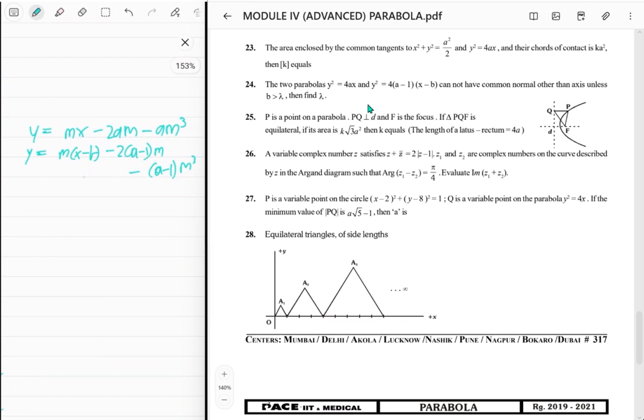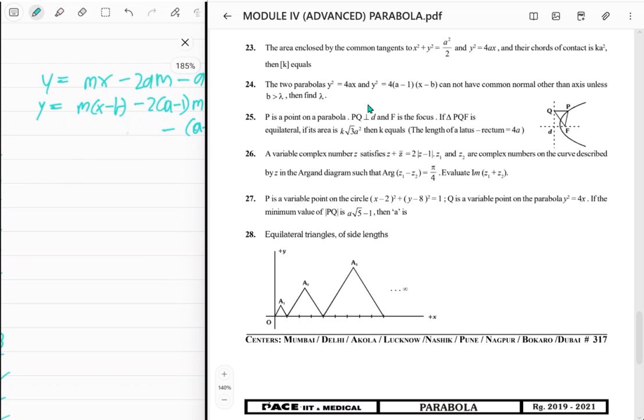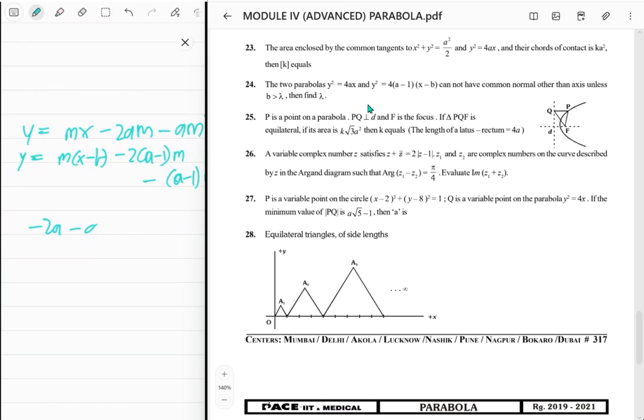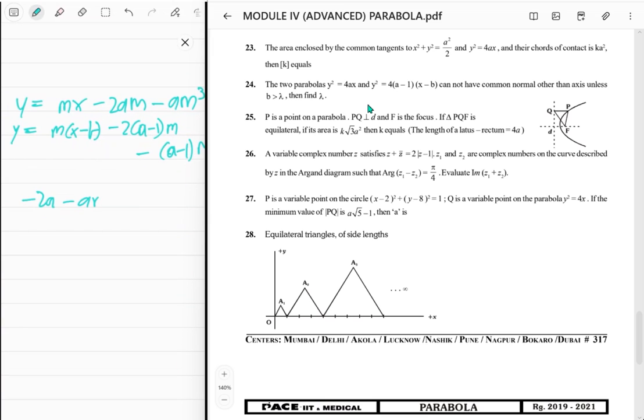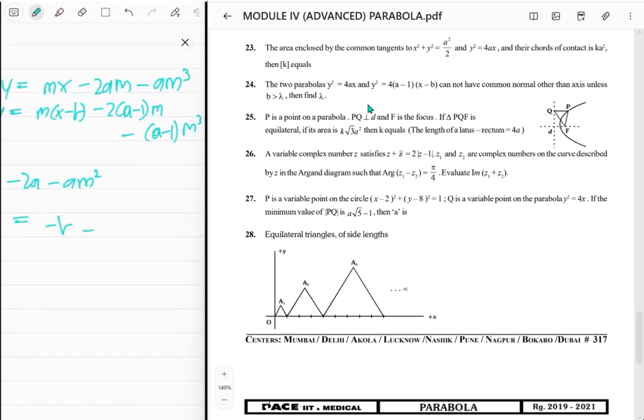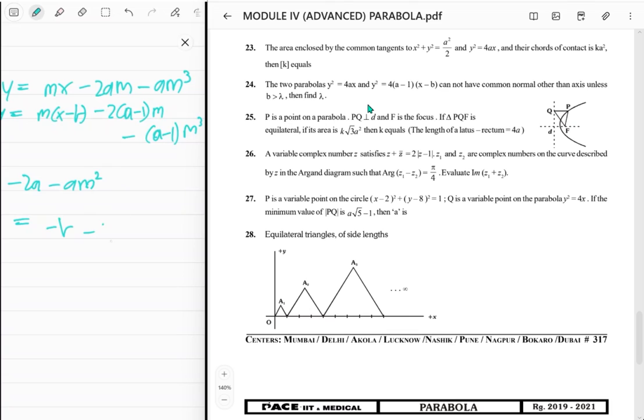So the constant term must be the same, which means you're going to take that m out anyway. So it's minus 2a minus am squared is equal to minus b minus 2a minus 1, like minus 2a plus 2, and so it's minus am squared plus m squared, right?